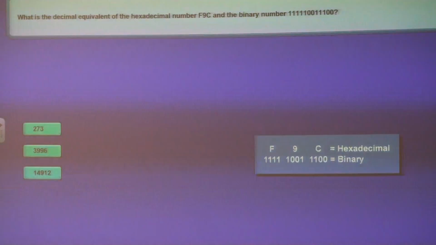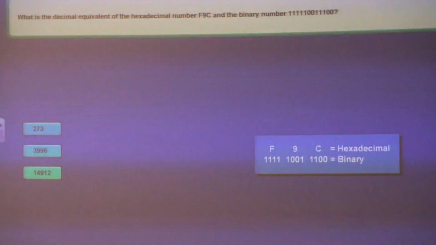All right, what is the decimal equivalent of 8F9C and the binary number 111100111100? It goes ahead and groups it for you in binary. Of course, that really just shows you the grouping. We still have to do the math.